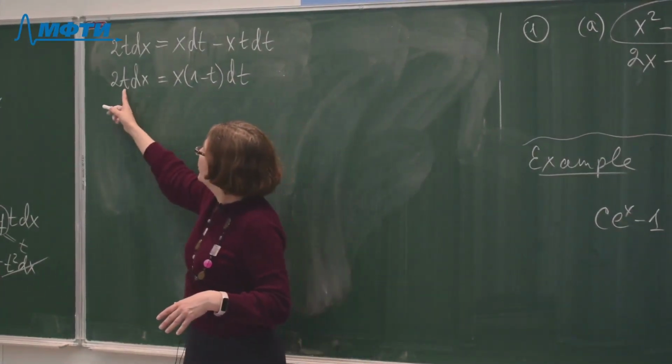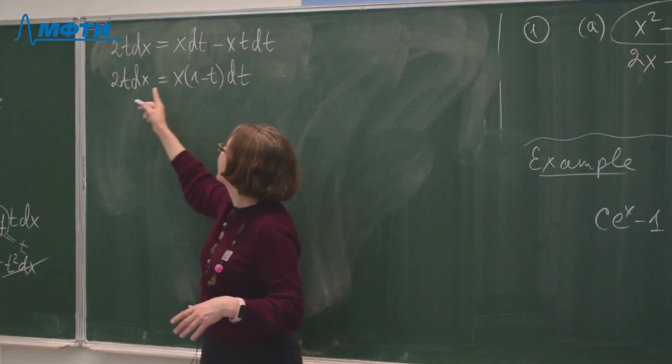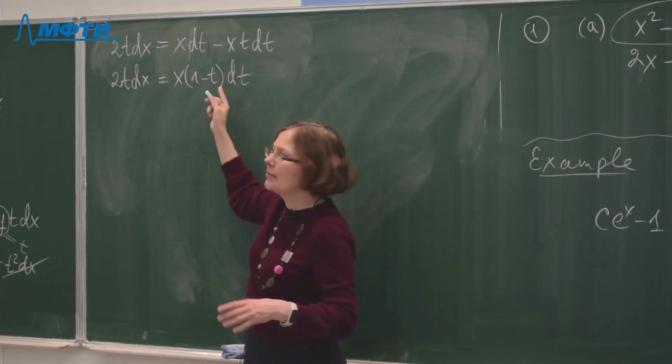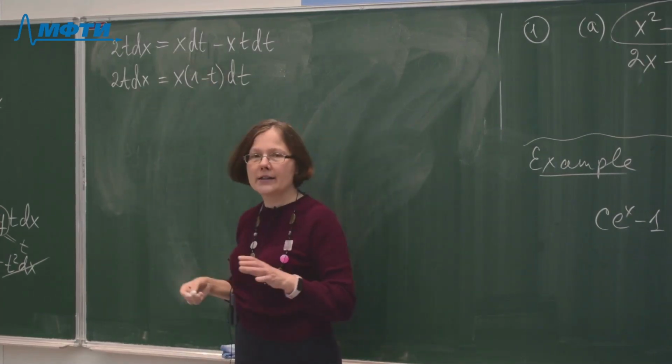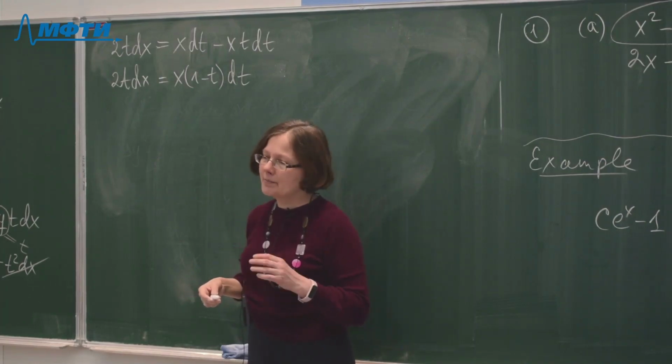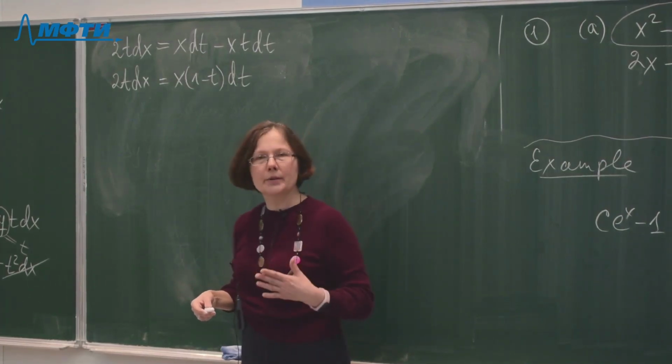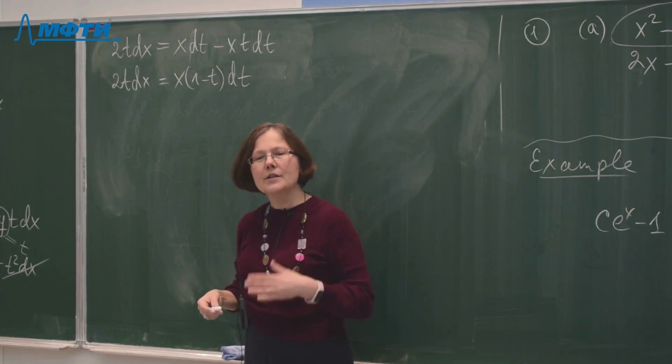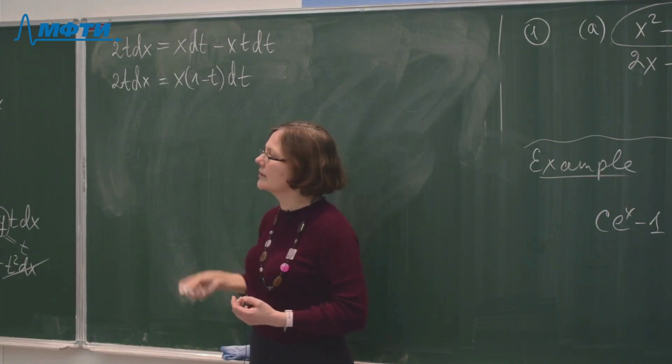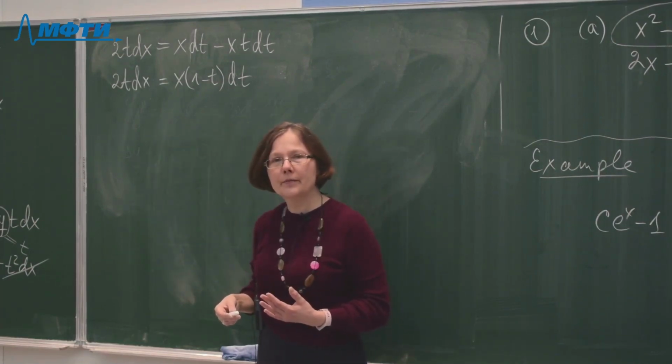Look at this. Only t multiplied by dx, then x is multiplied by 1 minus t. So each factor depends on only one variable, right? So this shows that our equation is separable.